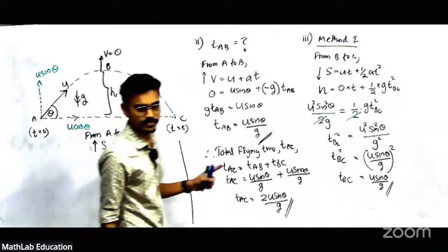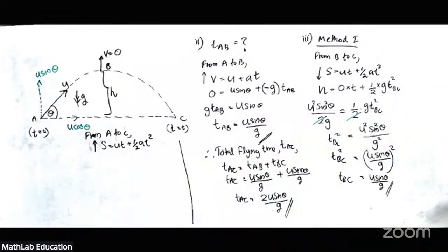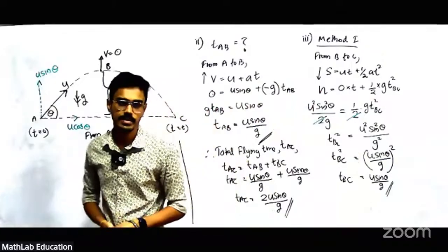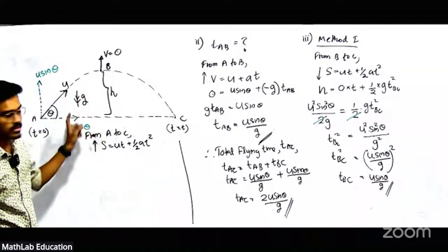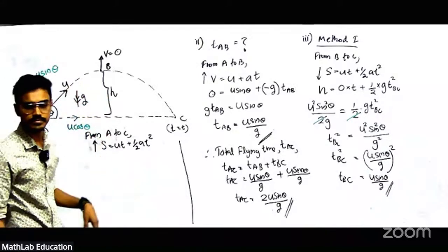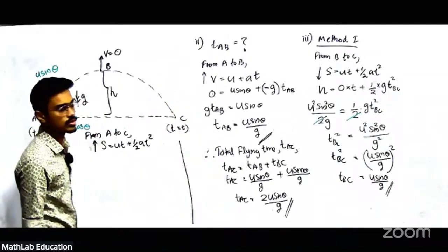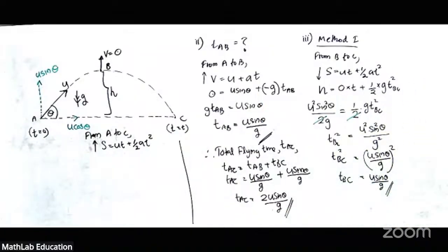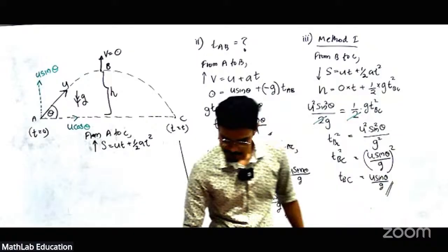Others? What's the vertical displacement of this object from A to C? We got the same experience in linear motion.